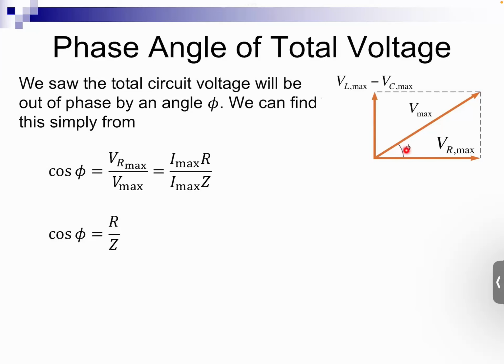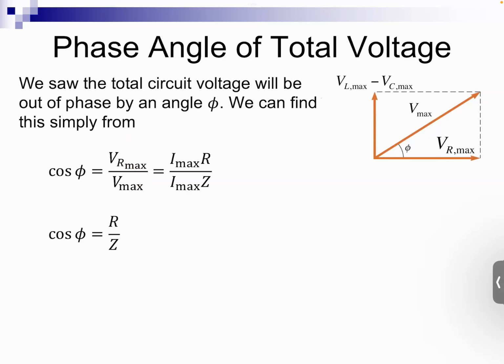To find this phase phi, we can use trigonometry because you're forming this right-angled triangle. If you take the cosine of this angle phi, cosine will be equal to the adjacent side, VR max, divided by the hypotenuse, which is Vmax.